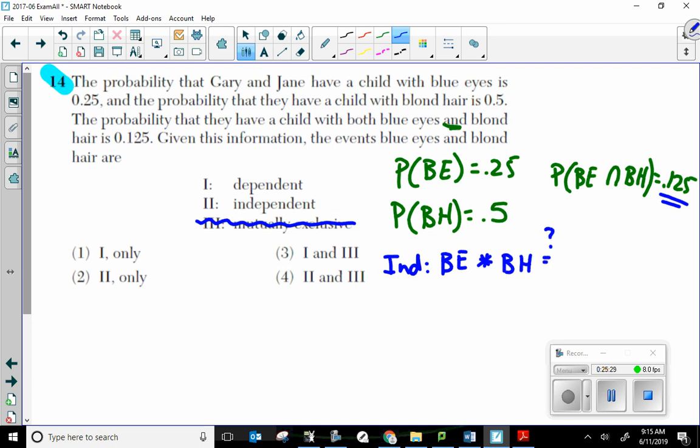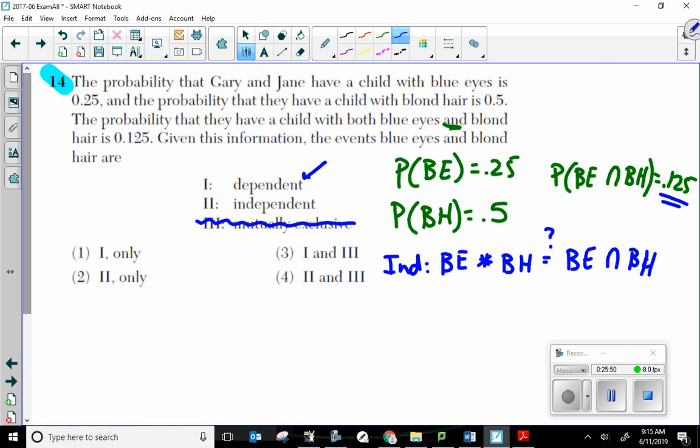Does that equal the probability of both blue eyes and blonde hair? If it is equal, then they are independent. If it is not equal, then they are not independent. And dependent is the same thing as not independent.